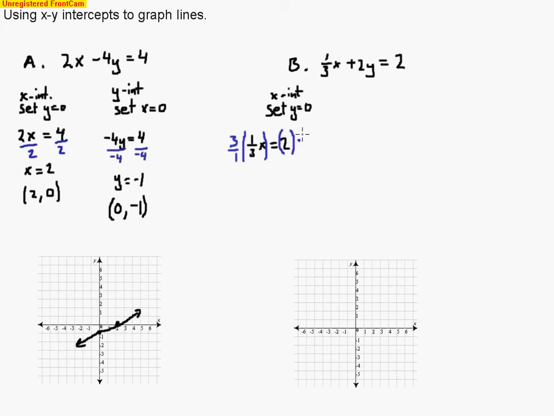Well, 3/1 is the same thing as 3. So I'm just going to write down 3. And then we multiply. And so we're left with x equals 6. So that is the x-intercept. So we get a 6 for x when y is 0. That is one of the points that we're going to plot.